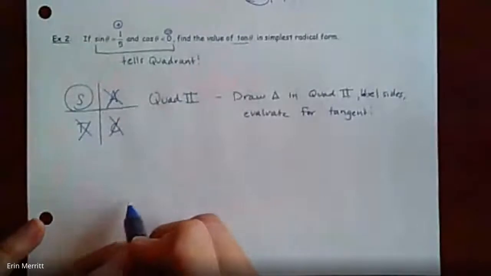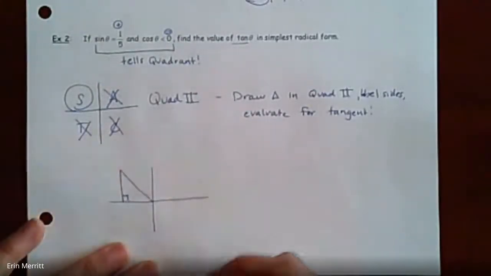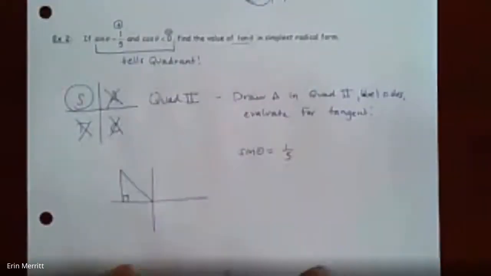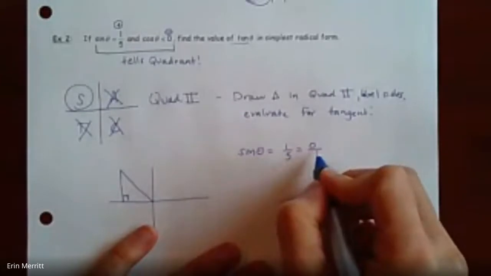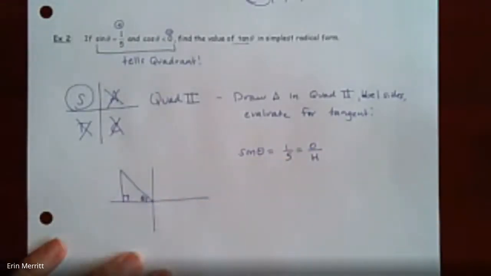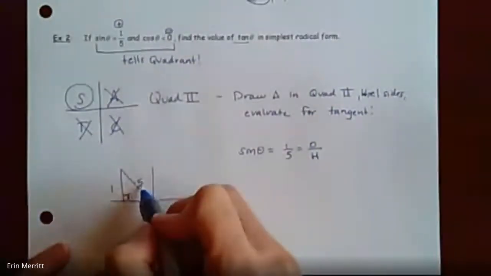Okay, let's do it. So draw your triangle over here in quadrant 2. Since sine of the angle is equal to 1/5, that is the opposite over the hypotenuse. So here's my angle. I'm going to label the opposite side, the 1, the hypotenuse, the 5.